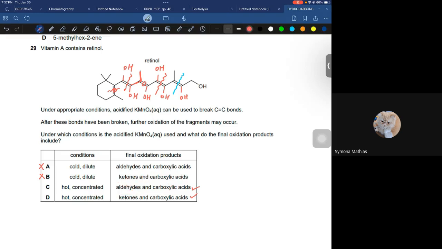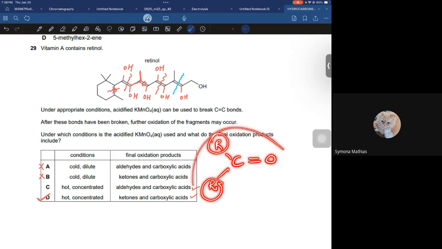So that's why option D is correct. Ketone cannot be further oxidized, as I told you in the last class, when the two R groups are attached to the double bonded carbon, that would be ketone. And how is the ketone produced? Ultimately, you had this.